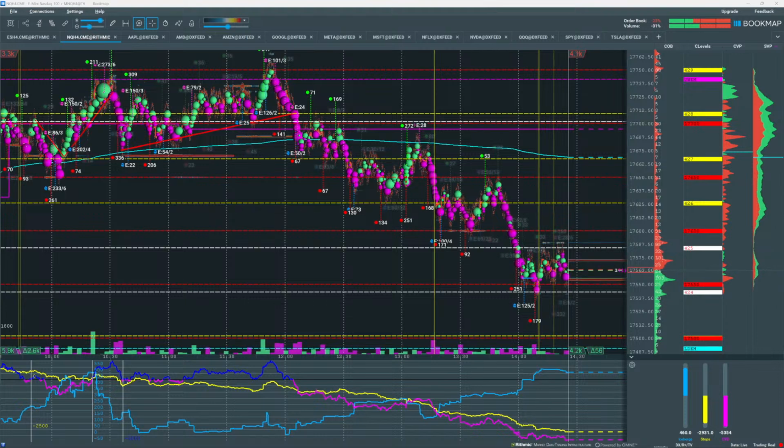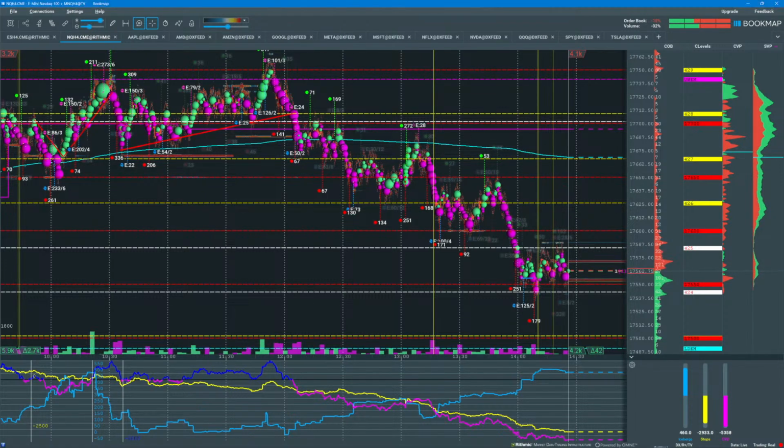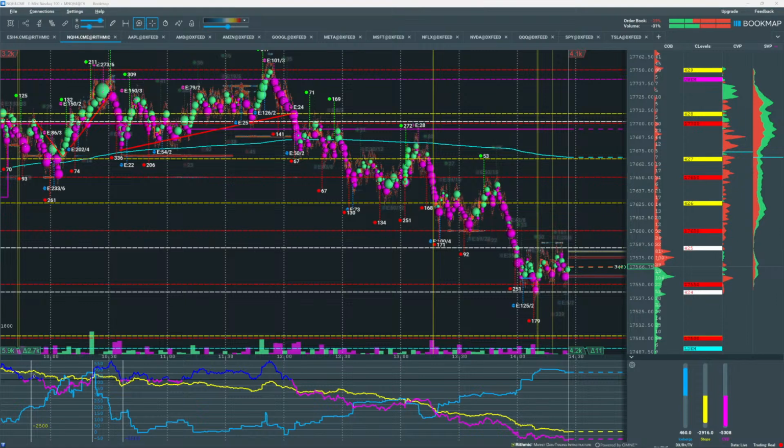So actually 424 is the absolute gamma strike, the strike with the largest gamma weighted open interest for QQQ. And that level did shift higher from yesterday. So far looking bearish. Remains to be seen whether the 424 will act as support.